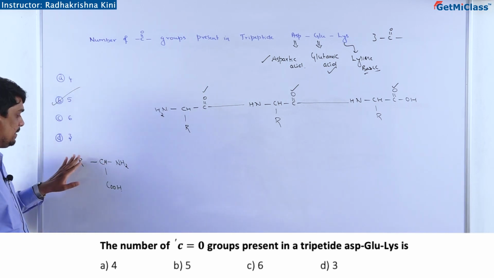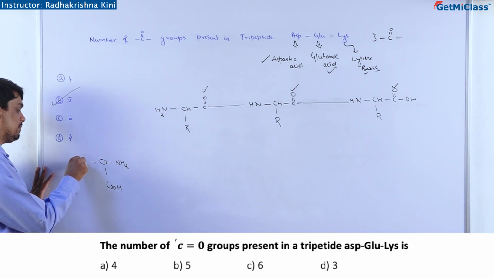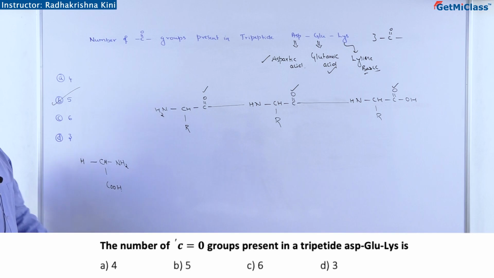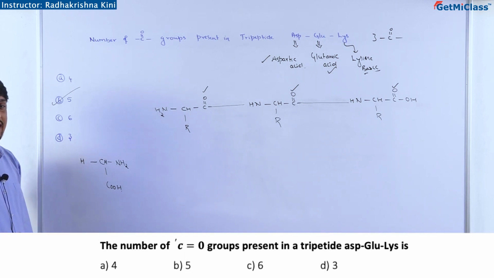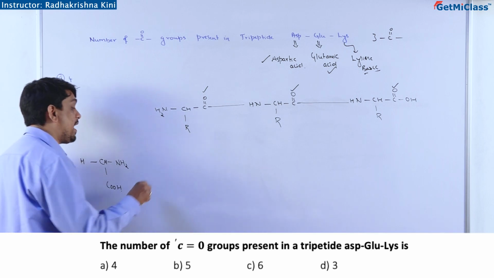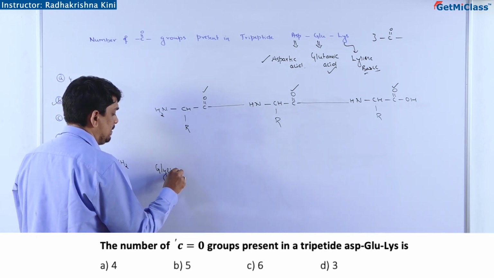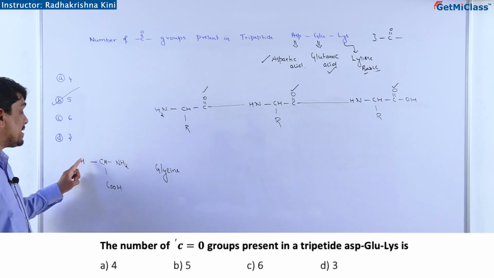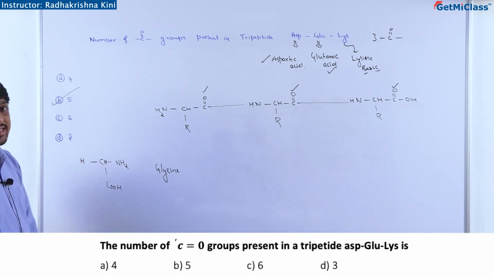Okay, now see this. If I write hydrogen in the place of R, it will become the simplest alpha amino acid, and the name of this simplest alpha amino acid is glycine. R is replaced by H, right? So this is the simplest alpha amino acid.